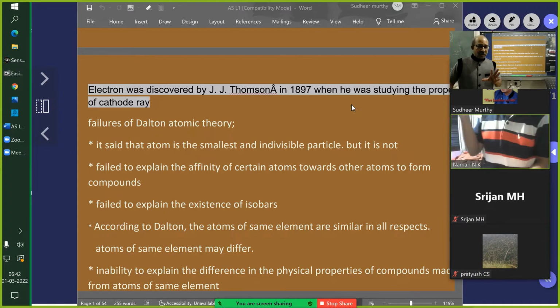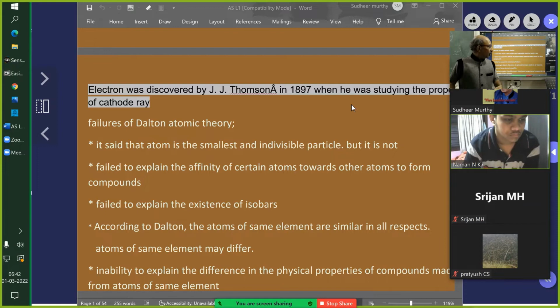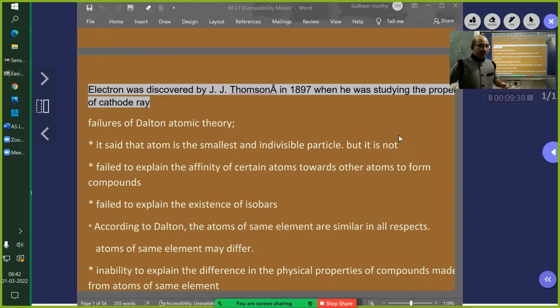Of course, scientists are very genius; they somehow feel that something like this could be, so they hypothesize, and then they try to prove it. Once it is proved, it becomes a theory. So he discovered it in 1897, and obviously, since it's a subatomic particle, Dalton's theory failed.